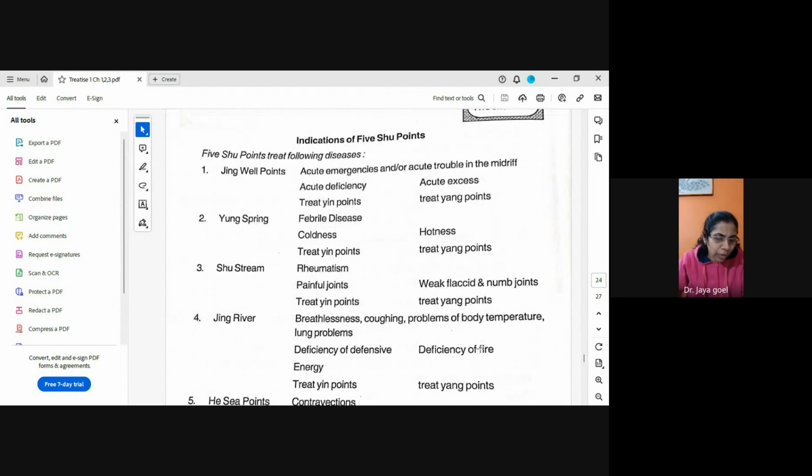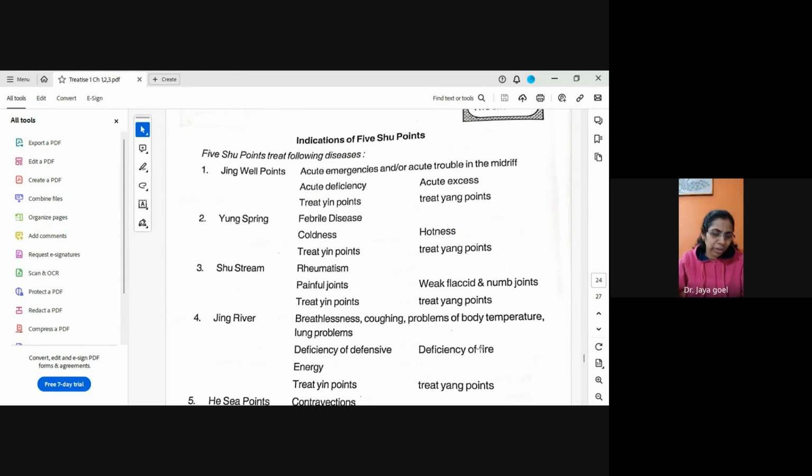Indication of the five Shu points. These are the gist of what we have studied earlier. It is the gist of what we will use and what treatment we will give in which condition. It is helpful in the diagnosis also.